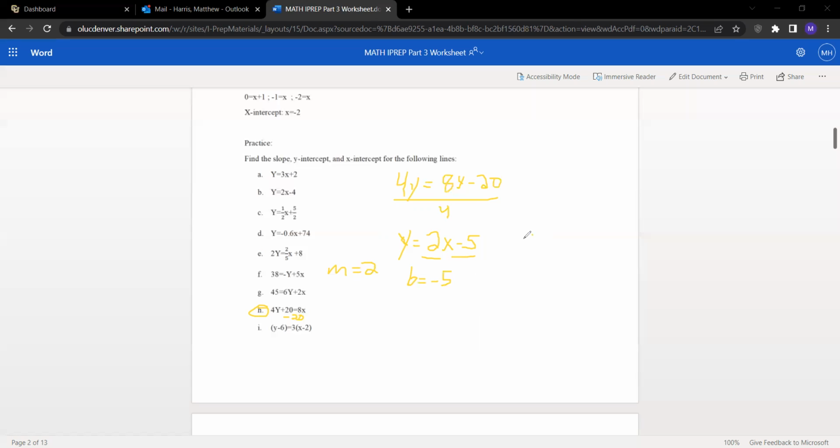We plug in 0 for y. So 0 is equal to 2x minus 5. Solve for x, so do +5 to both sides. So 5 equals 2x, divided by 2. So we have 5/2 equal to x.